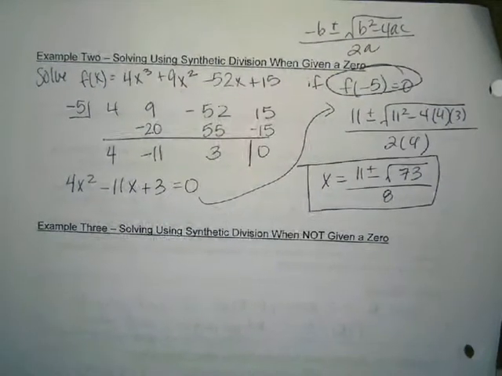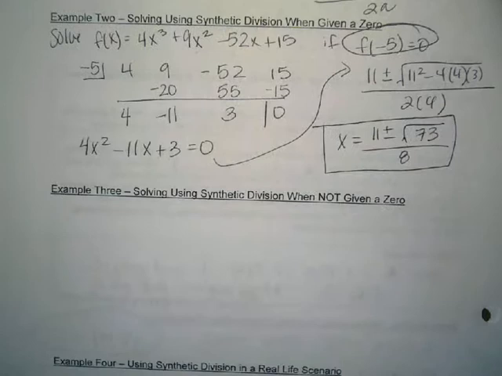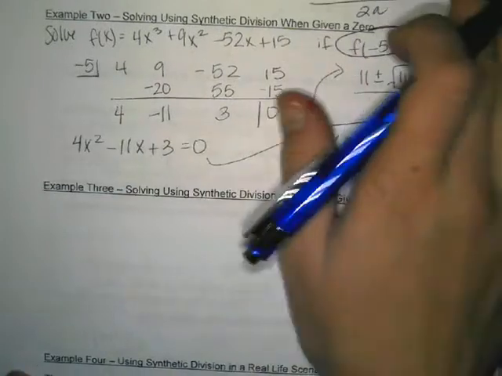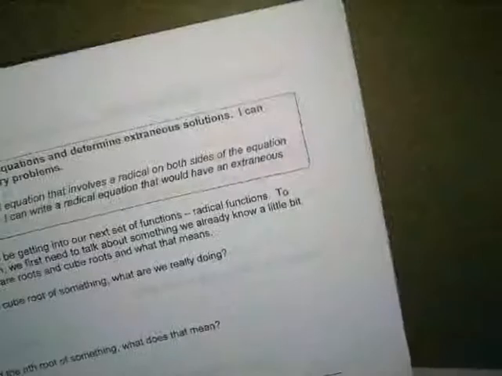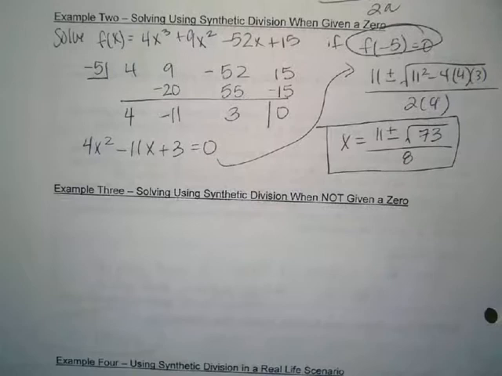All right. Now, solving using synthetic division when you're not given a 0. We're going to set this one up, but then we'll probably start with that before we get to the notes here. So here we go.